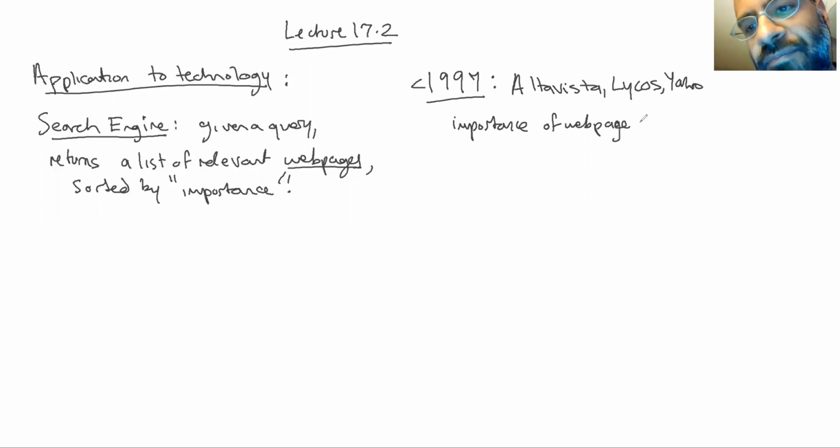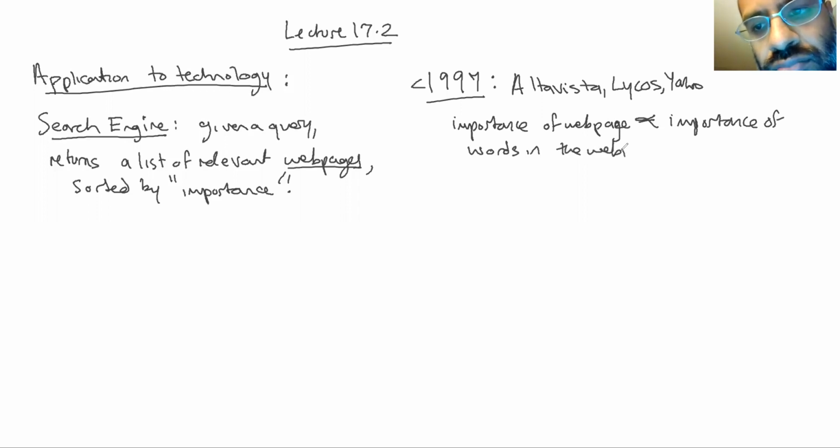It should be related to the importance of the words in the web page. And search engines were really not very good in the mid 90s, I would say. They were based on this idea that you should rank according to some intrinsic measure of importance.